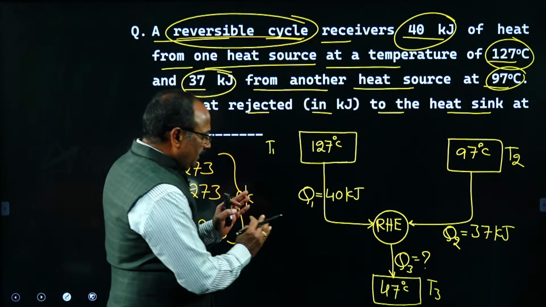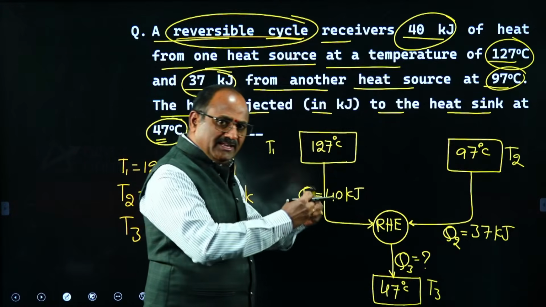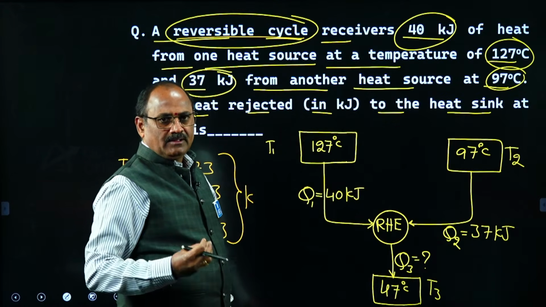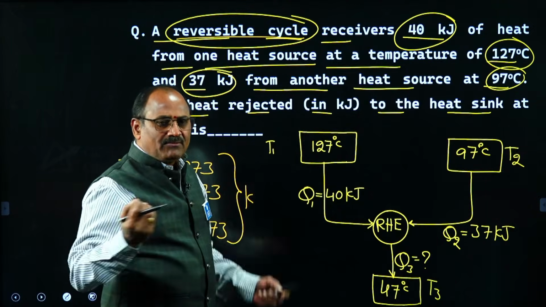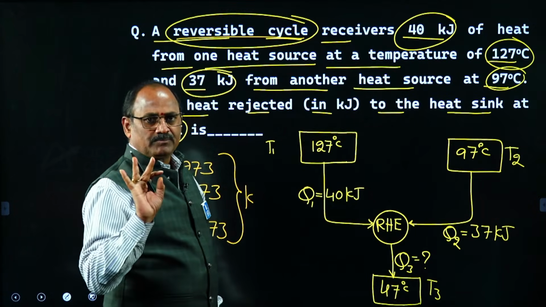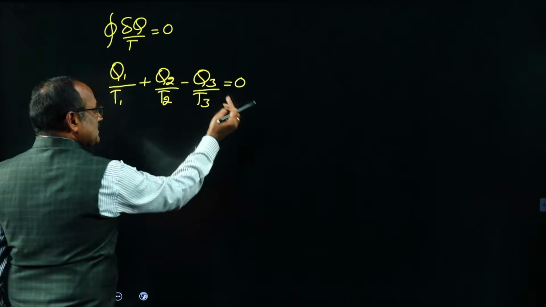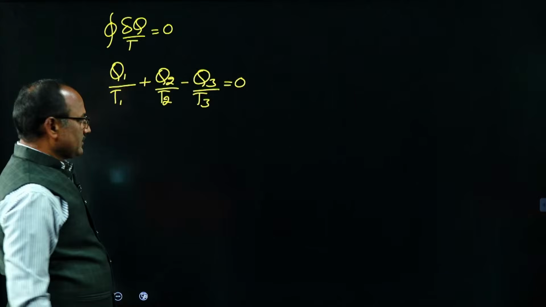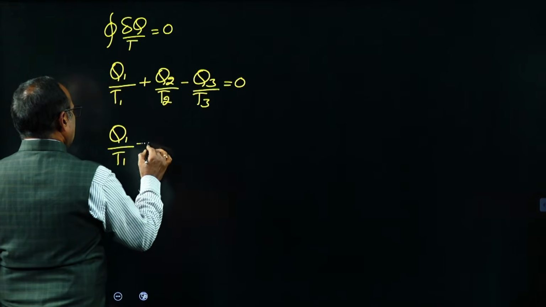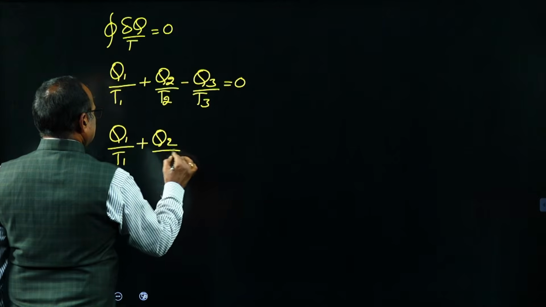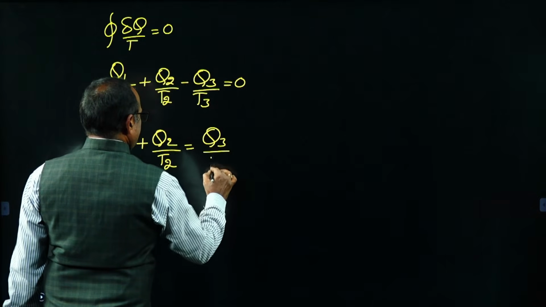Thermodynamically, heat entering the system is taken as positive, but the Q3 amount of heat is leaving the system, and heat leaving the system should be taken as negative. For that we have taken Q1 by T1 plus Q2 by T2 minus Q3 by T3 equal to 0. It can also be written as Q1 by T1 plus Q2 by T2 equal to Q3 by T3.